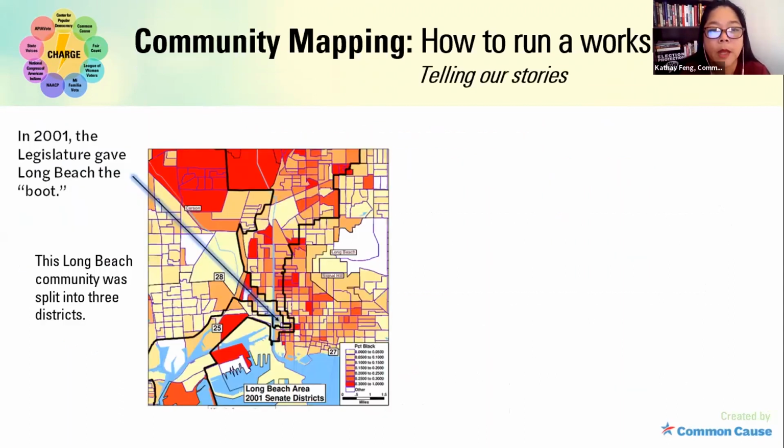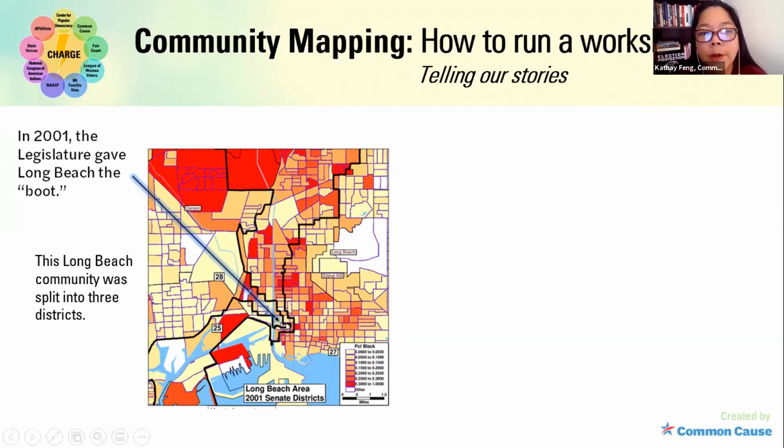Now let's look at a real life example. This helps us think about the 3 C's in a more concrete way. This is the port area of Long Beach in California. Sorry, a lot of my examples are from California because that's where I'm from. In 2001, in order to draw an incumbent into California Senate District 28, legislators extended a so-called boot into the city of Long Beach to grab that incumbent's house.